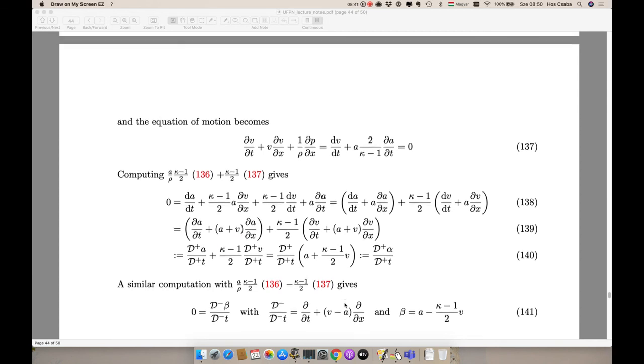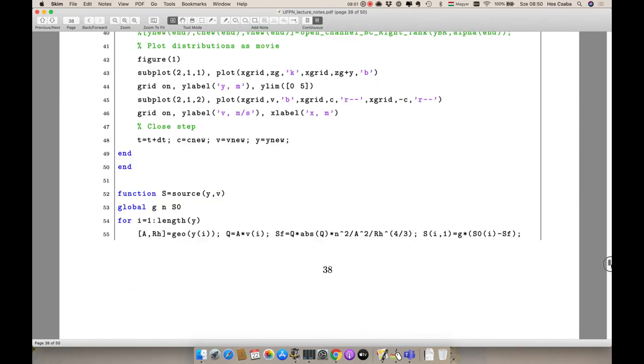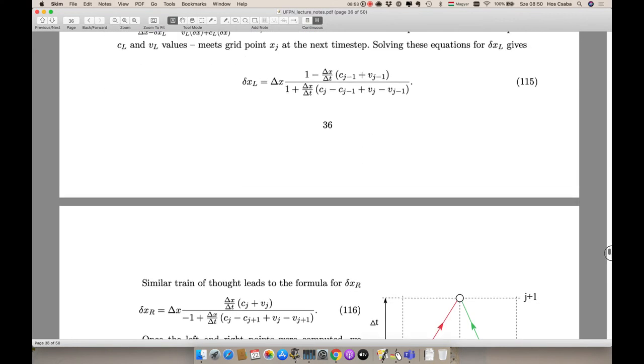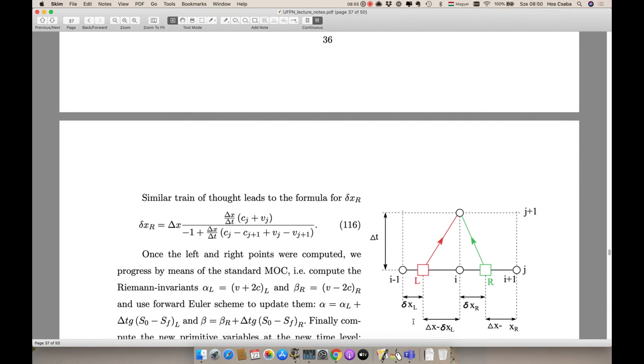Which means that essentially this is the very same technique as the one we use for open channel flow. If we go back to open channel flow, we have the very same situation. Everything is the same, even the slopes of the characteristic lines are the same.